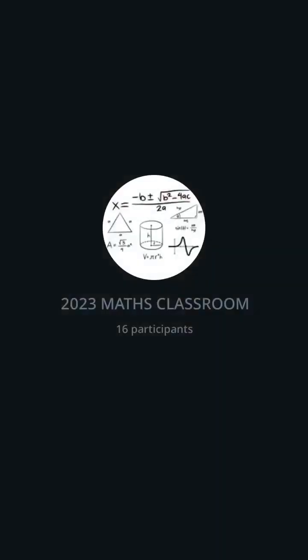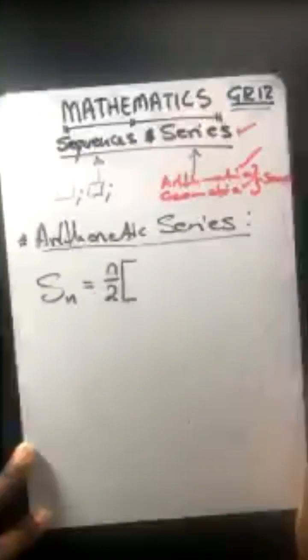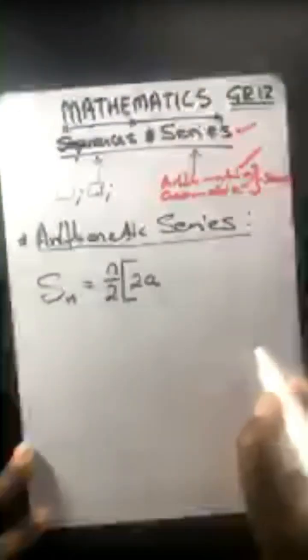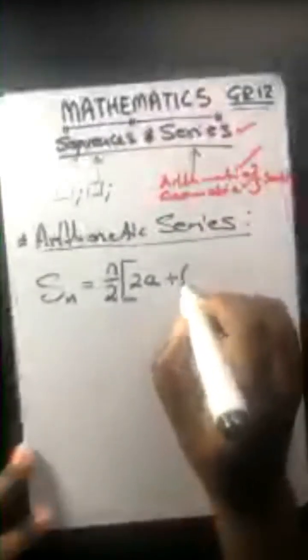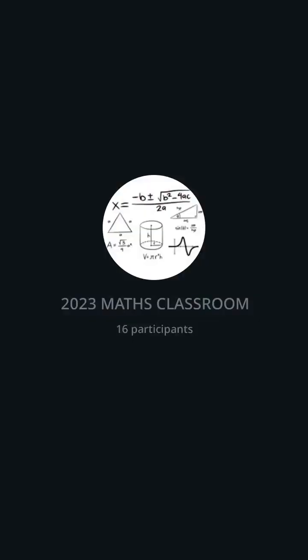Remember, you use square brackets if you're going to have brackets again inside. So that is 2a, plus (n minus 1) d, and then you have that bracket. So the moment you have this type, that means you're still going to have another bracket inside.